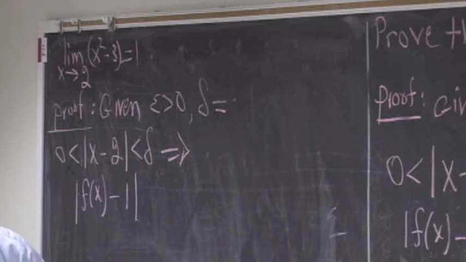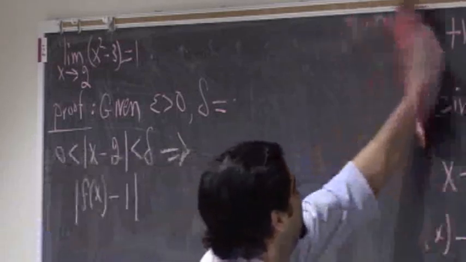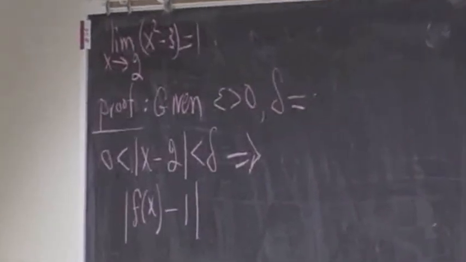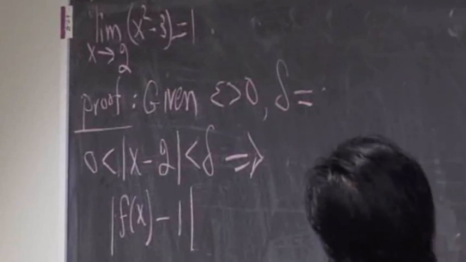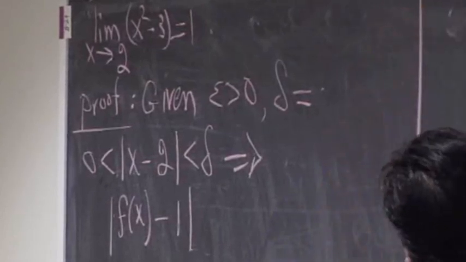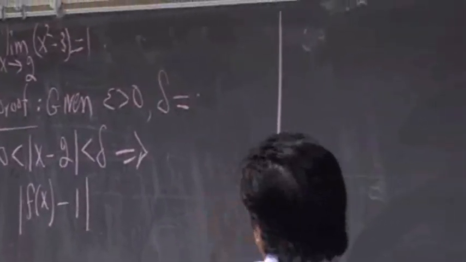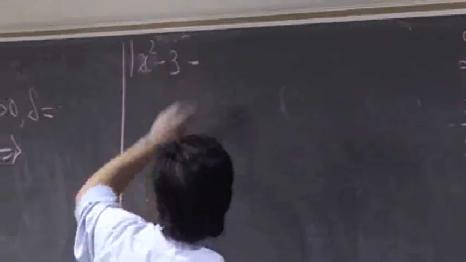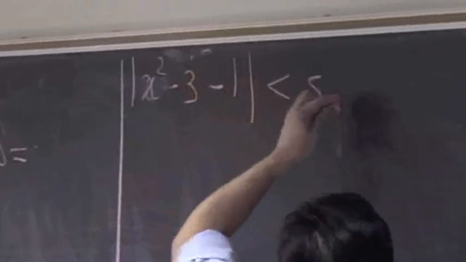Alright, so let's do the plan now. Start from where you want to end up. You want to end up here: the function minus the limit less than epsilon.